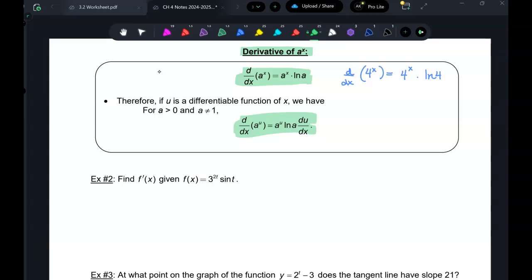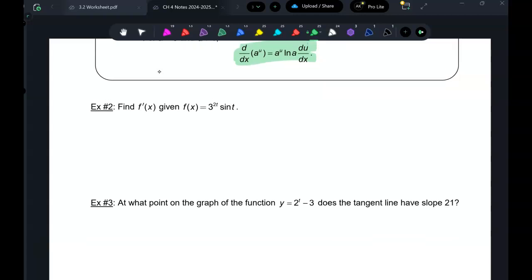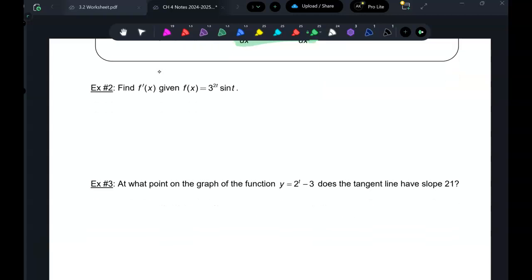Do you need an example of that, or we're good? Okay. So here we have again a u times v situation. So I want to find f prime of x. Okay, so 3 to the 2t. So I want to do the derivative of that.